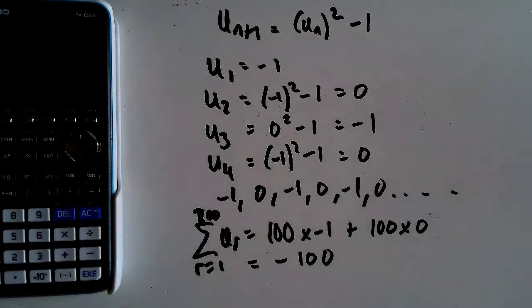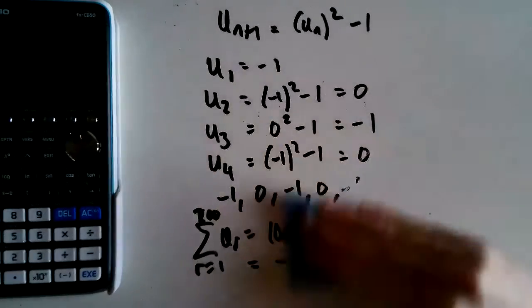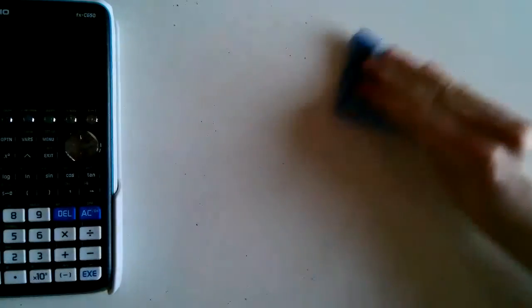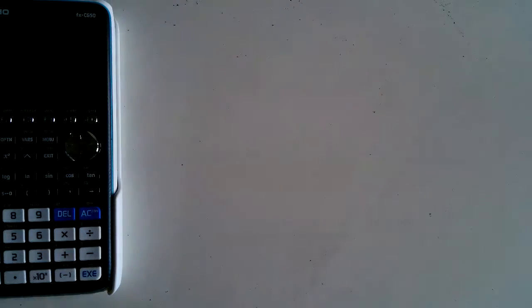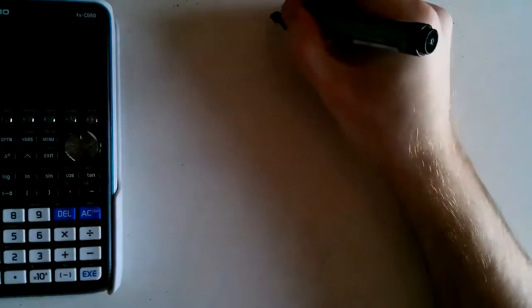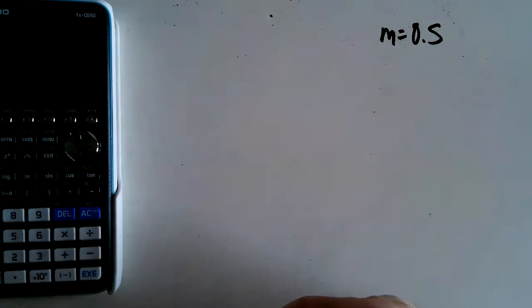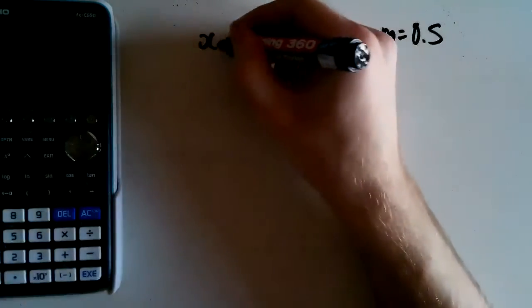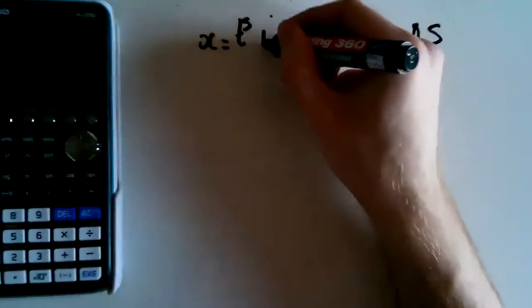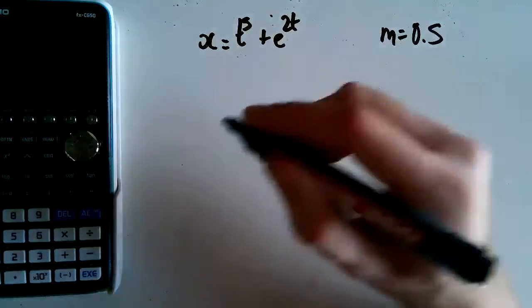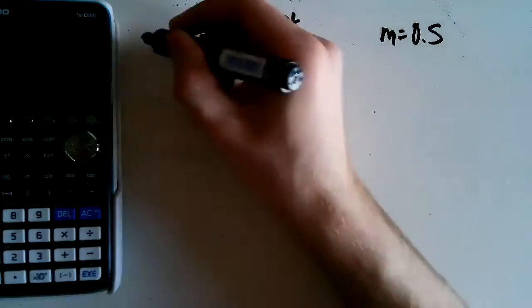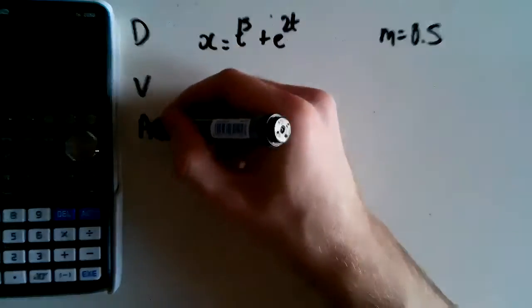And then the last one. The displacement of a particle of mass 0.5 kilograms is given by x is t⁵ plus e^(2t). So it's variable, so I'm going to use d, v, a.